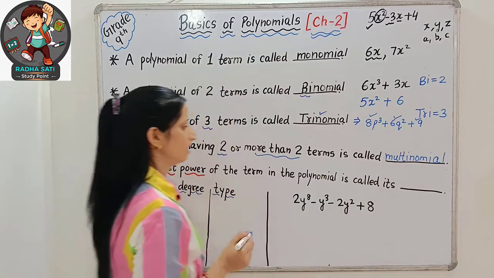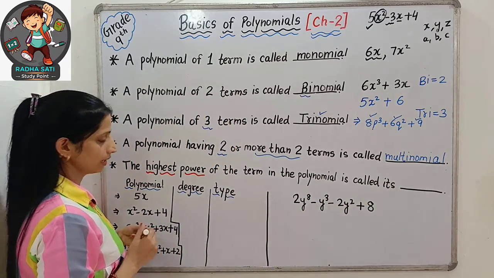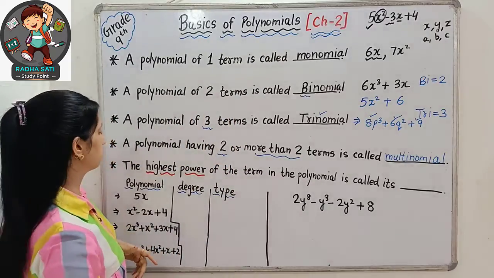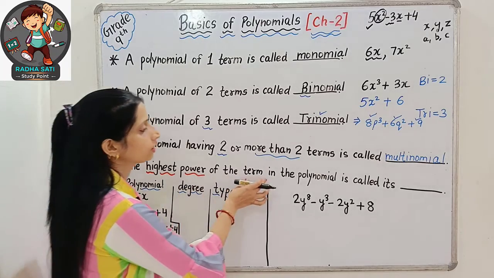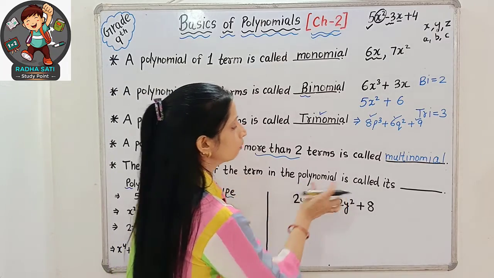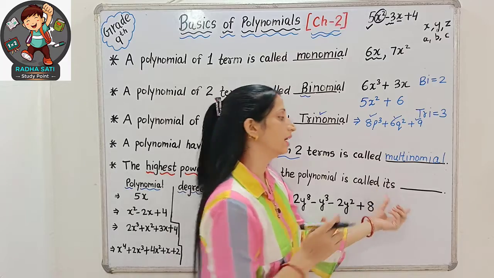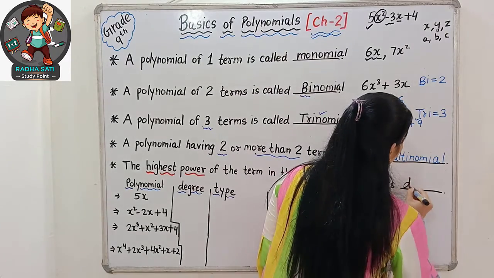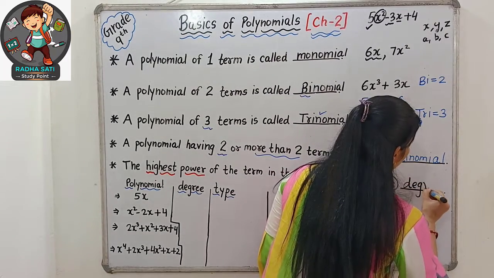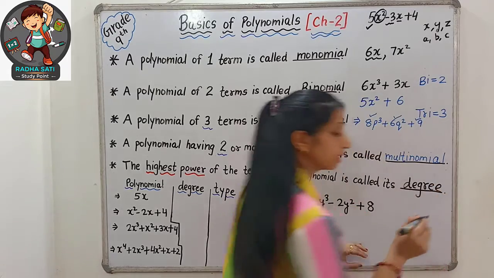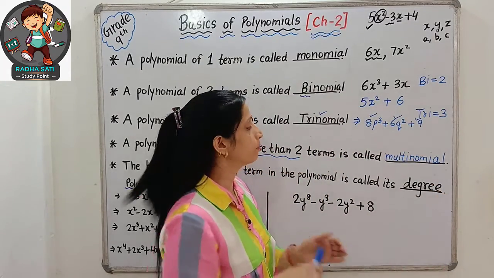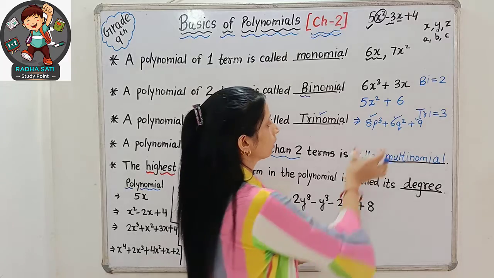Okay. Now moving on to the next thing, that is, the highest power of the term in the polynomial is called its degree. What we call it? Degree. D-E-G-R-E-E. Degree means the highest power of the term.